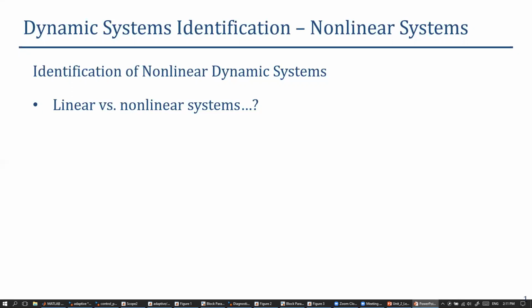What I really want you to understand is what a linear system is and what a nonlinear system is. If you have a sound system at home, a high quality sound system with an amplifier, and a knob on the amplifier which increases and decreases the volume.